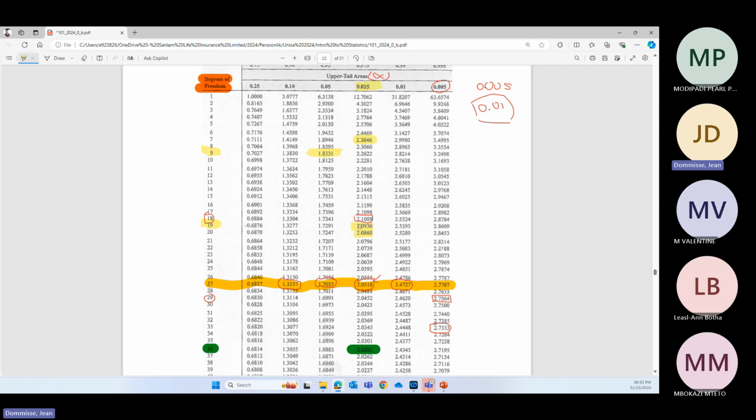Let's hope it is not, because that is just wrong. So we quickly just 2.086.